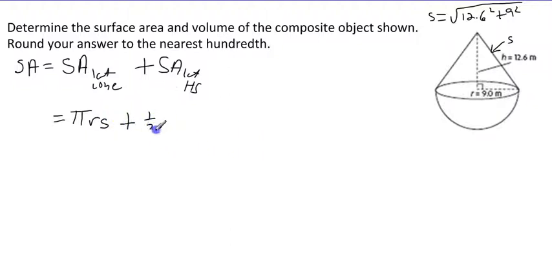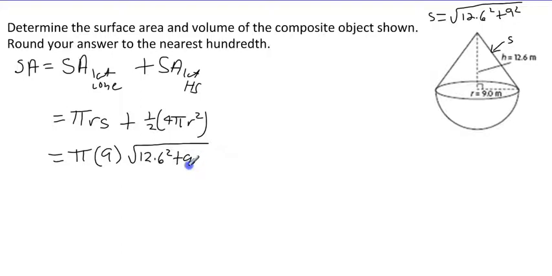Plus, I don't remember the formula for the hemisphere, so I'm just going half of the area of a sphere and not adding on that, right, which is 4 pi r squared. Okay, plug in pi, radius 9, root 12.6 squared plus 9 squared. Half of 4 is 2, so 2 pi 9 squared.